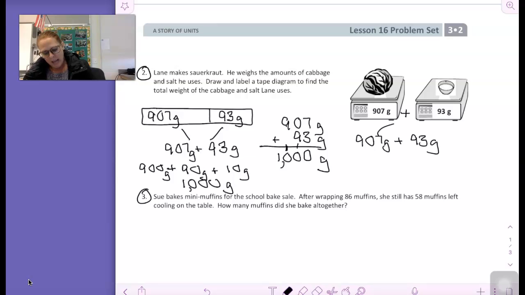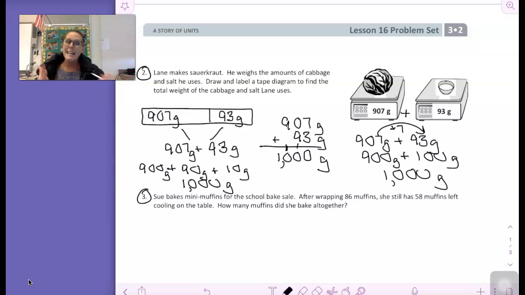You could add that 7 over here, so plus 7, and take it away from the 900. So you have 900 plus 100, and there you have 1,000 grams. So there's 3 different ways to solve the exact same problem, and they're all correct as long as you're showing me your work.